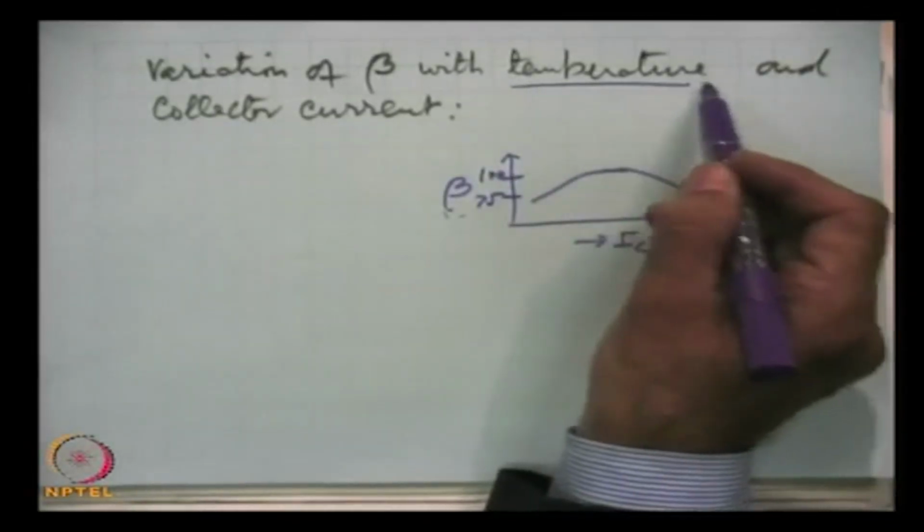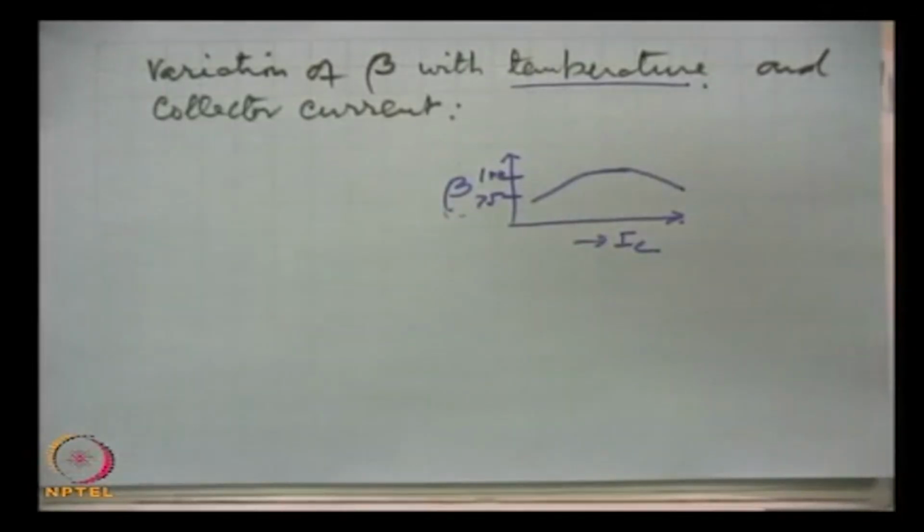Another variation is with respect to temperature. Transistors contain semiconductors which are very sensitive to temperature variations, and because of that there is a change.